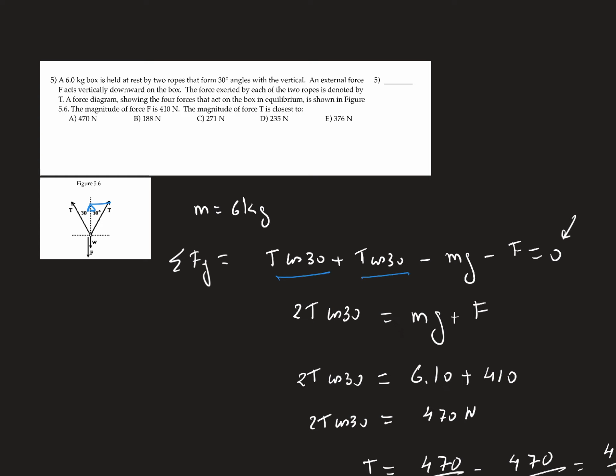For the x direction, there is no information that I can obtain because the sum of all the forces is the mass times the acceleration in the x direction. The sum of all the forces in the x direction is 0 because the acceleration in the x direction is 0, because the object is in absolute equilibrium. So what are the forces in the x direction?